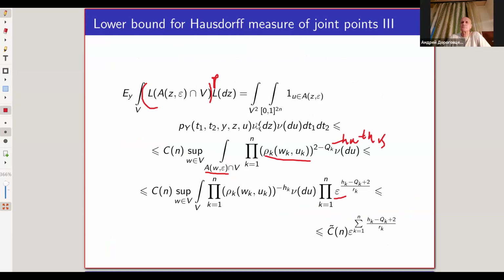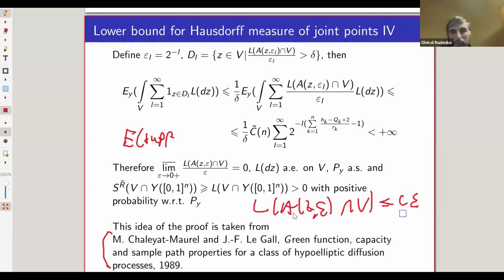This is exactly what was done in this paper. The calculations were more precise, and they obtained a more precise result in the sense that the Hausdorff measure had an additional logarithm. And yes, in Taylor, I saw that they also studied some kind of asymptotics, and those asymptotics can be related back to the Hausdorff measure. So yes, it is true. But in this particular proof, I don't think I need it.